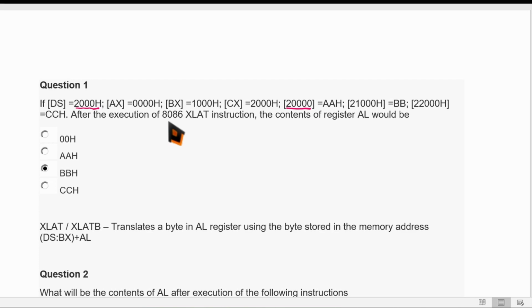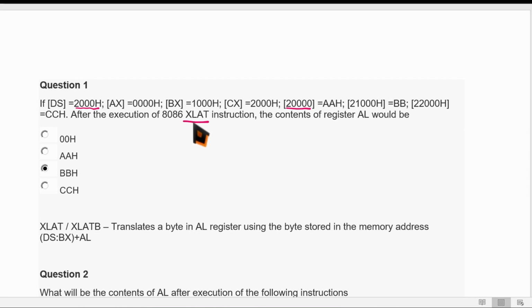After execution of the 8086 translate instruction, XLAT, the contents of register AL would be any one of these. Now we have to understand the instruction translate.